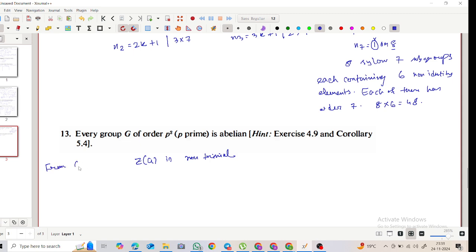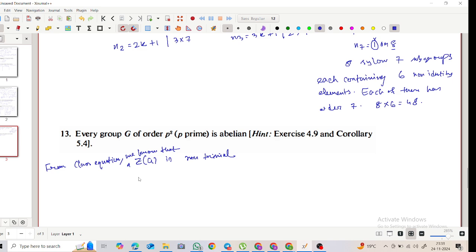From the class equation, remember, we know that Z(G) is non-trivial, right? A p-group has non-trivial center, no?